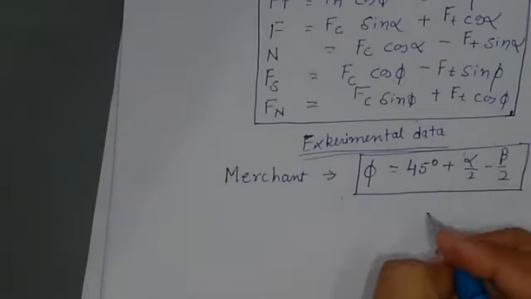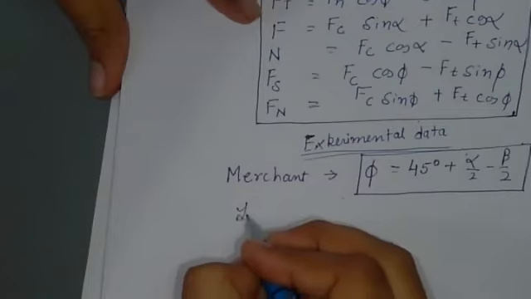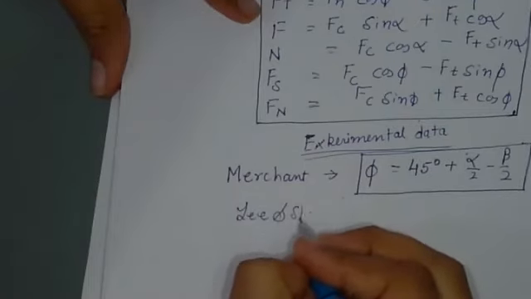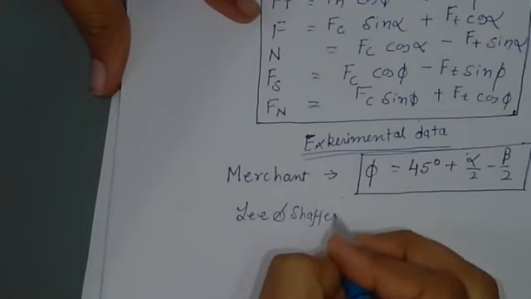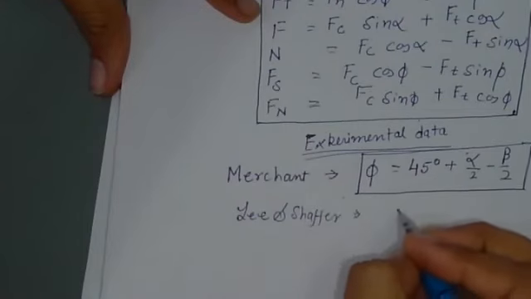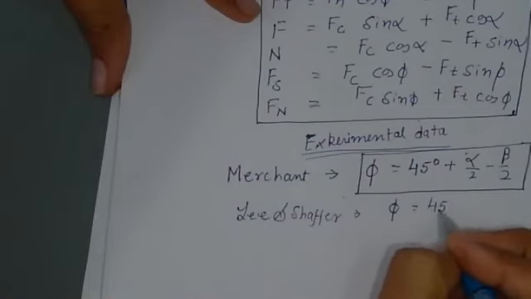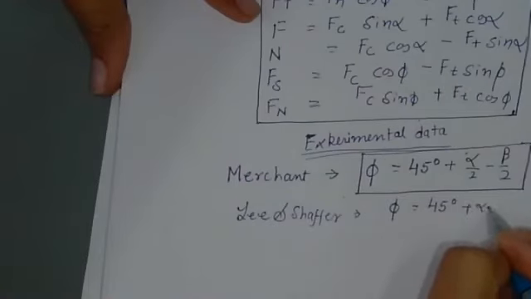And similarly, there is another, Lee and Shaffer's equation, which is also used to signify the relationship between various angles. According to Lee and Shaffer, the shear angle is equal to 45 degree plus alpha minus beta.